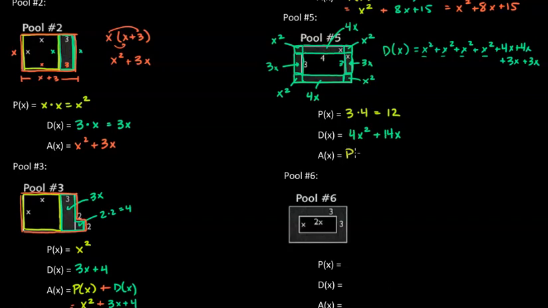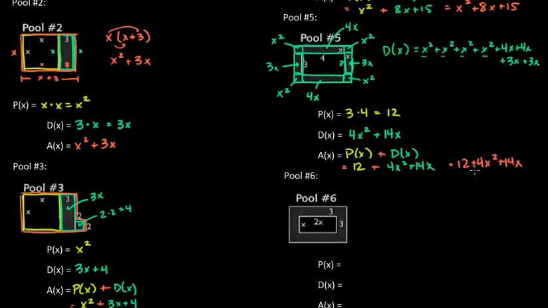Now my altogether area, I'm going to do it the same way I did on the last couple. I'm going to take my deck area and my pool area and combine them together. And that's going to say equals 12 plus 4x squared plus 14x.